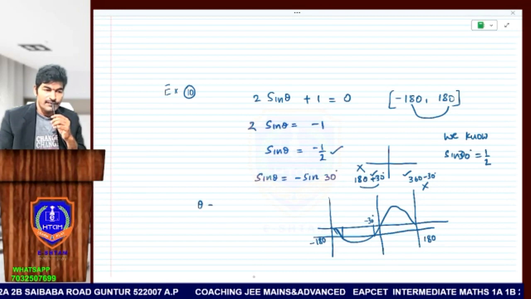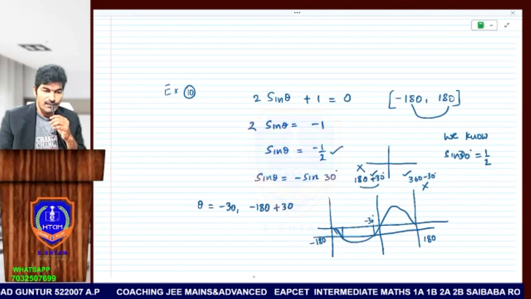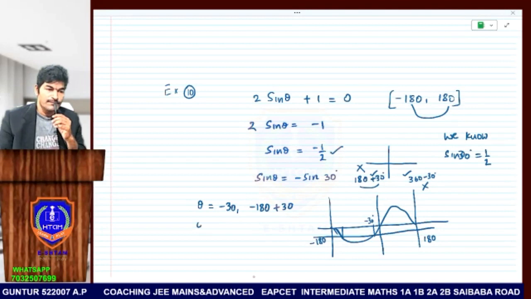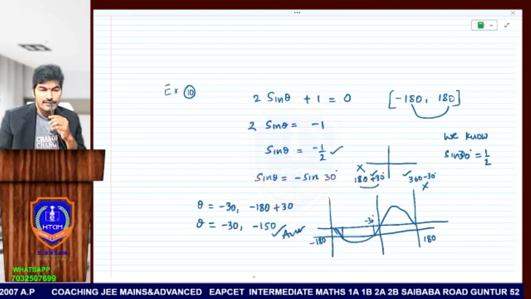So therefore the answers are minus 30 degrees, minus 180, minus of minus plus 30 degrees. How much is that? So theta equal to minus 30 degrees, minus 150 degrees. Yes, correct. These are the values. You can check the answers.